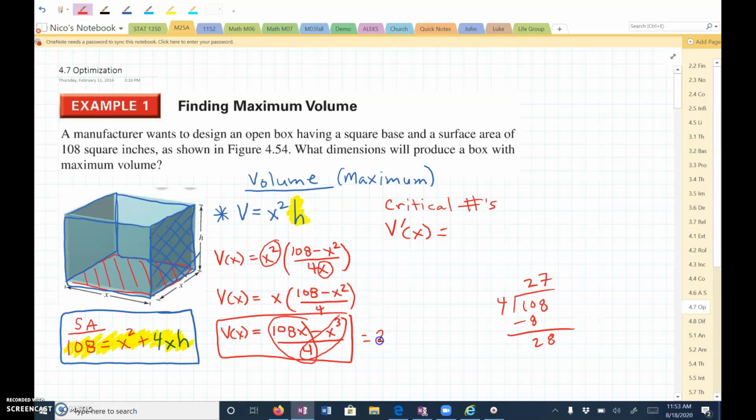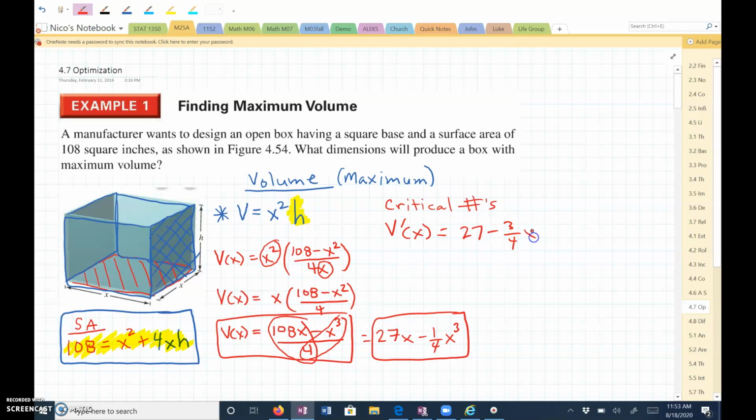So this is going to be 27x minus 1/4 x cubed. Probably going to be easier to take the derivative of that. So this would be 27 minus 3/4 x squared.